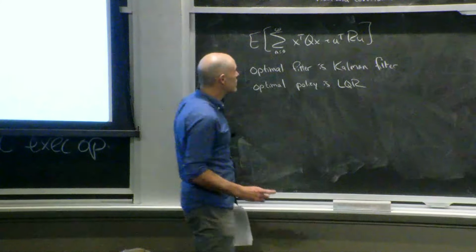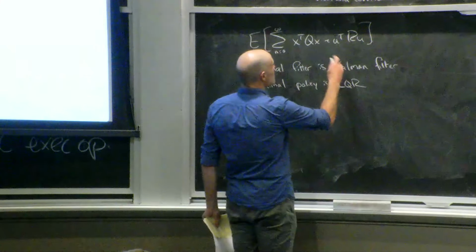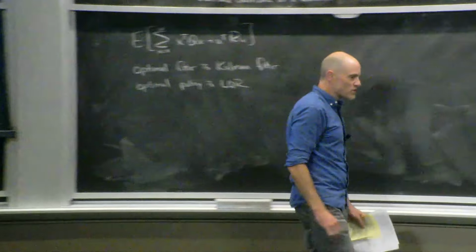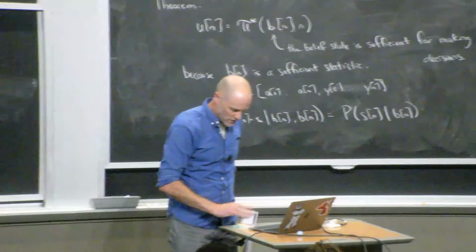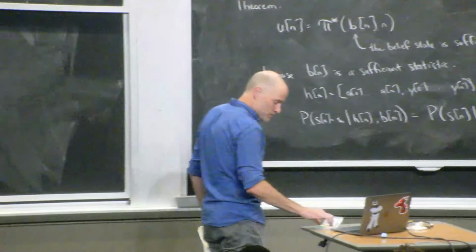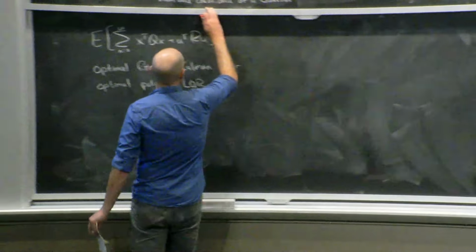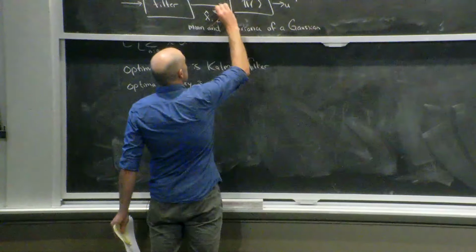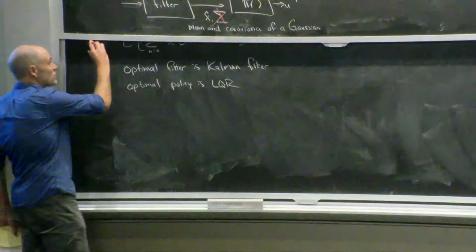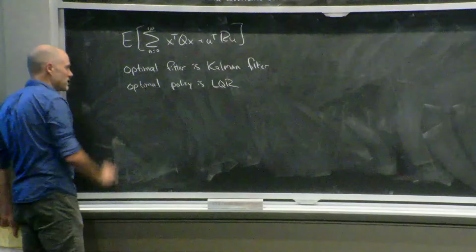And even more, even though we knew there was a covariance there, the LQR controller is not even going to use it. The optimal policy doesn't require knowing the covariance. So even though the complete characterization of the probability distribution involves the mean and the covariance, the optimal controller is not dependent on the covariance.